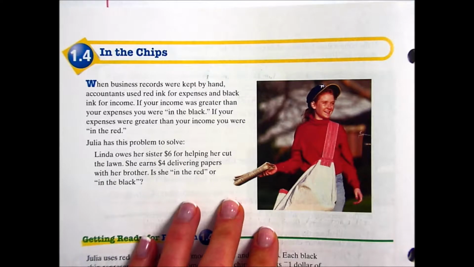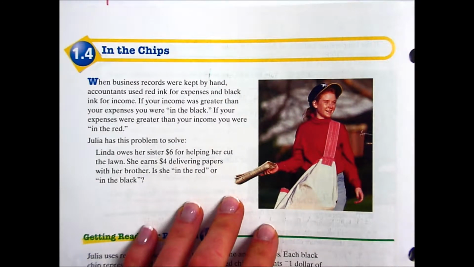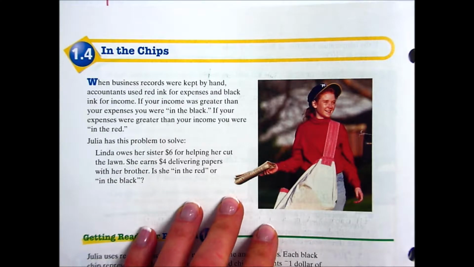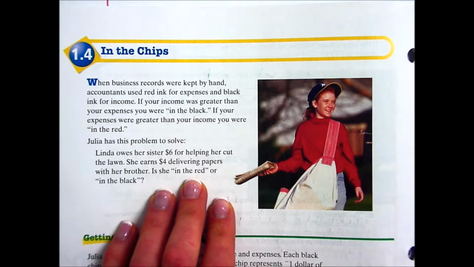When business records were kept by hand, accountants used red ink for expenses and black ink for income. If your income was greater than your expenses, you were in the black. If your expenses were greater than your income, you were in the red.